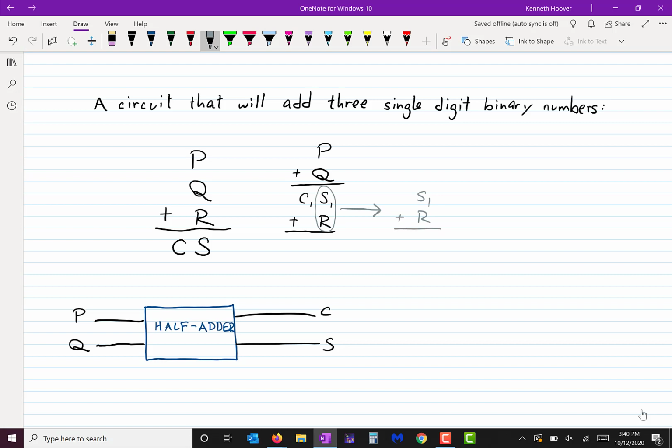By the way, I should have put 1s on here. That C and that S that come out of our half adder circuit, that's the first C and S. Okay, now I want to add the single digit S1 to the single digit R. How do I add 2 single digit numbers? With the half adder circuit. I just need to move that S1 out of our way. Let's write it here, and we'll put the C1 there.